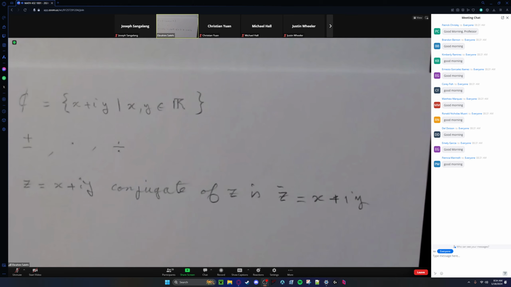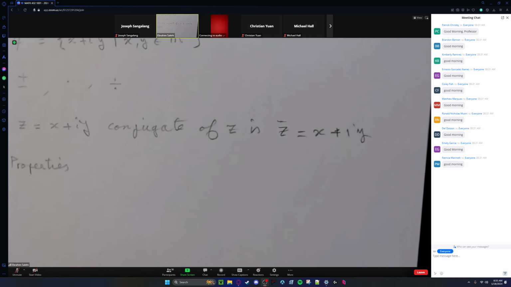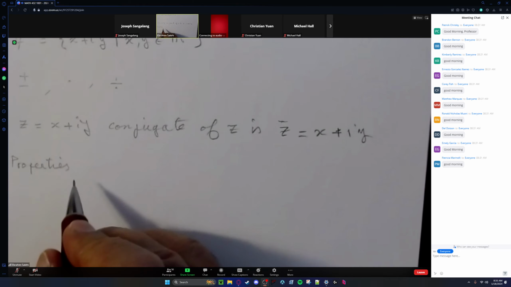Well, anytime we introduce a concept, we really would like to find the properties. What can we do with that concept? Here are the properties of conjugation. I am just reviewing in case some of you missed the class on Tuesday.